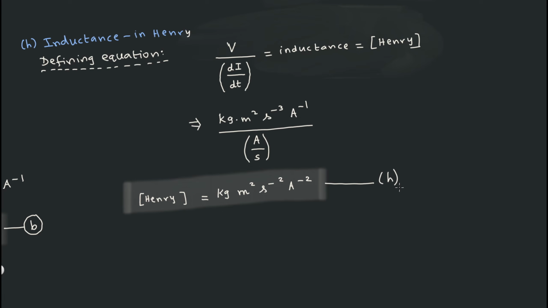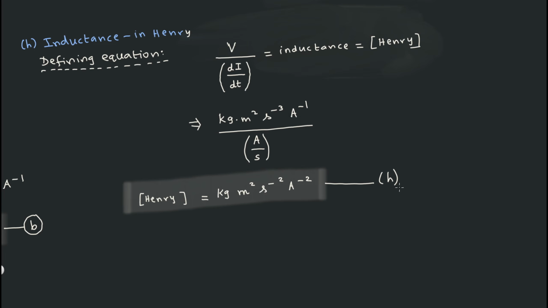So till now what we have seen is that there are 7 base SI units, and then we need 8 derived quantities in electromagnetism. They are the ones which are most frequently used. If anything else is required, you can always generate it from these. And you have learned how to convert the derived physical quantities into base SI units.